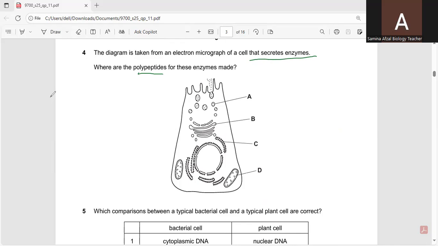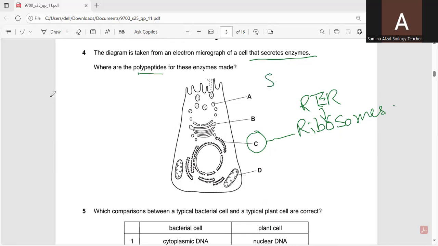According to these, you can see, I would like to say C is the correct option because this is endoplasmic reticulum. On the endoplasmic reticulum, the ribosomes are attached. So rough endoplasmic reticulum has these ribosomes on it. A is the secretion of, and B is the Golgi apparatus.